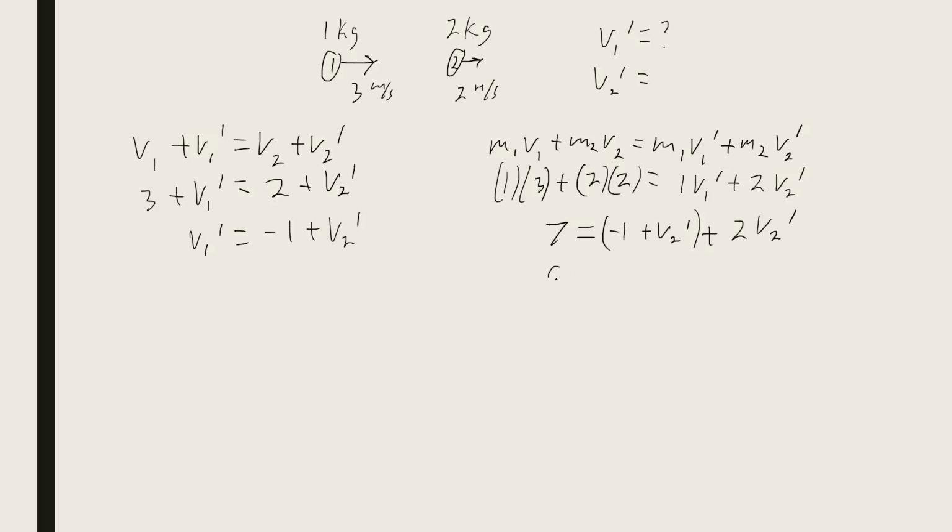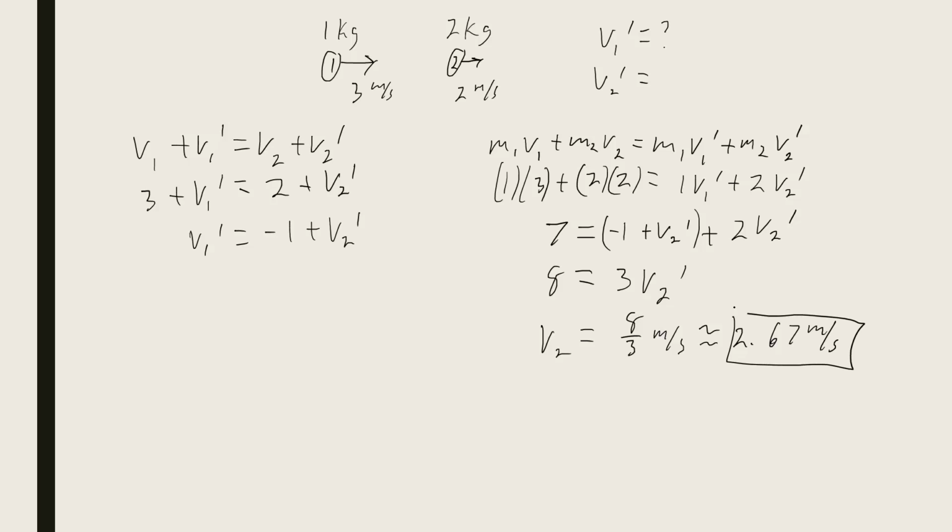Move that guy over, we get 8 equals 3 v2 primes, and so v2 prime is 8/3 meters per second, which is approximately equal to 2.67.